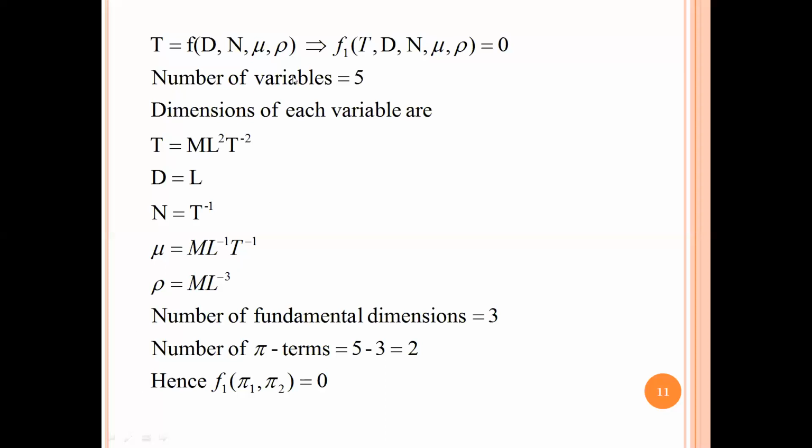So my number of variables is 5, number of fundamental dimensions is 3. Your number of variables is basically your small n value, number of fundamental dimensions is your m value. So the number of pi terms is n minus m, that is 5 minus 3 is equal to 2. Hence, f1 of pi 1 comma pi 2 is equal to 0.